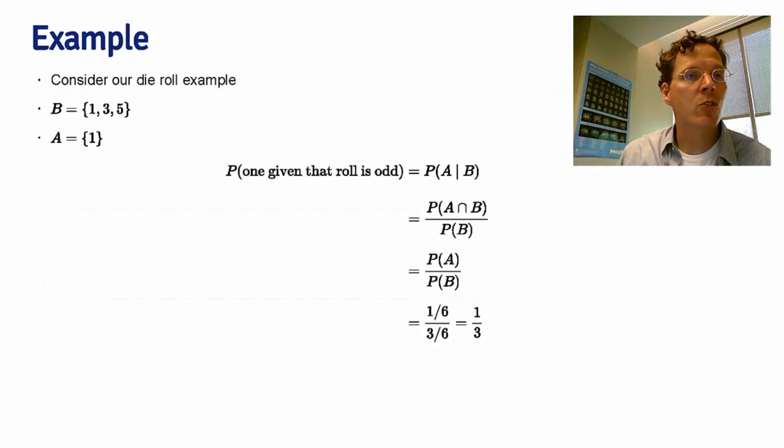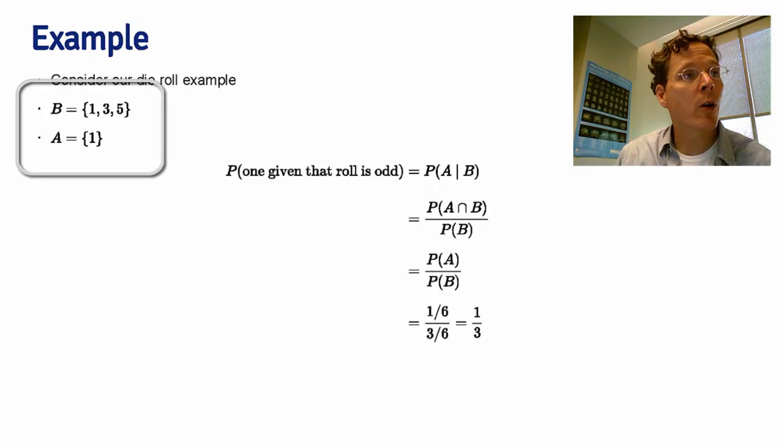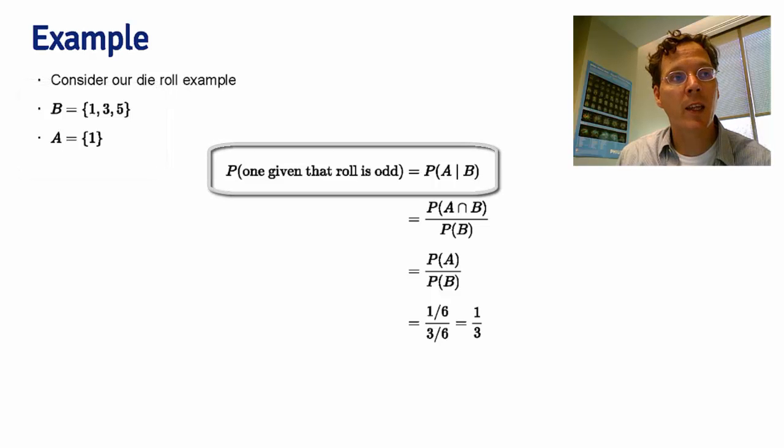So let's just check that conditional probability gives us the answer that we know to be true in the die rolling case. In our case, B was the event 1, 3, 5. A was the event 1. We want the probability of the event A conditional on the event 1, 3, or 5 having occurred. So in other words, we can say the probability of getting a 1 given that we know that the roll is an odd number.